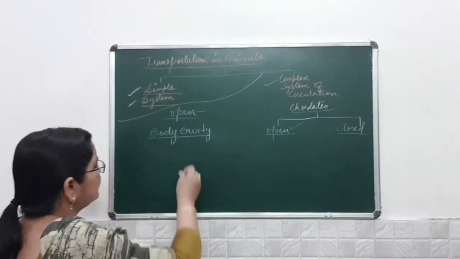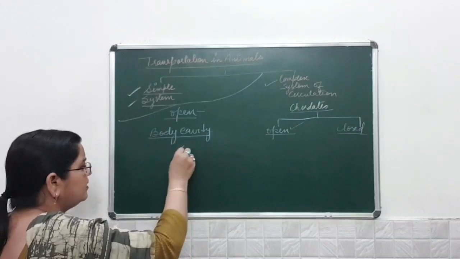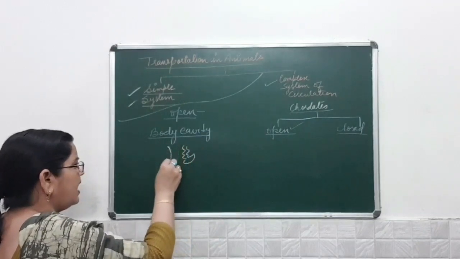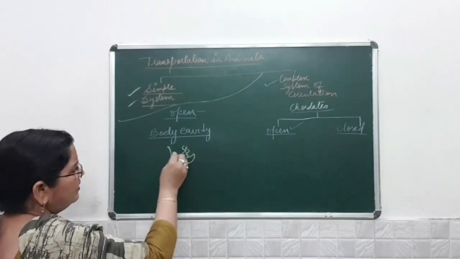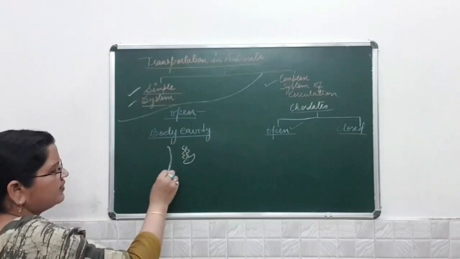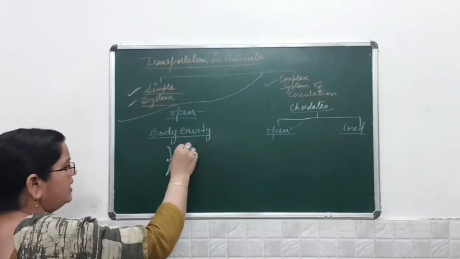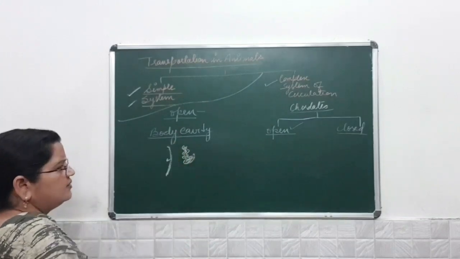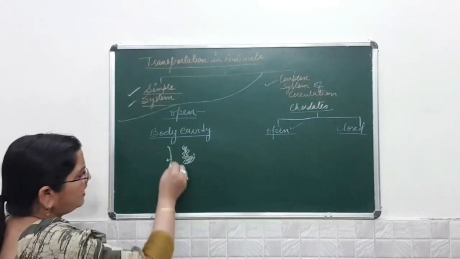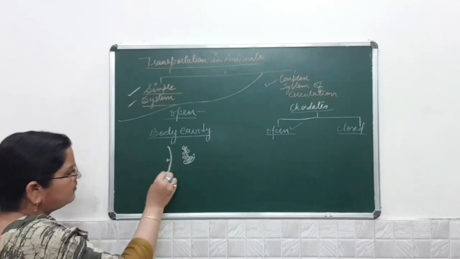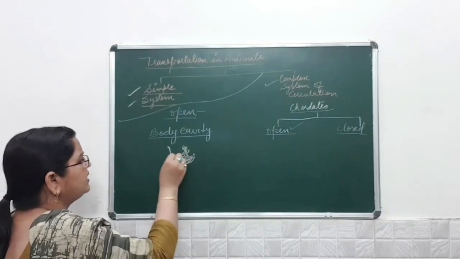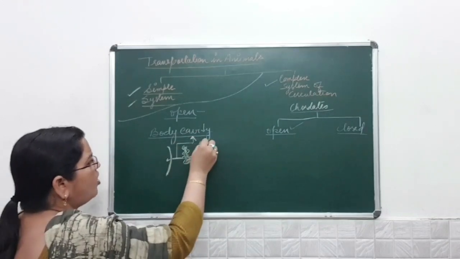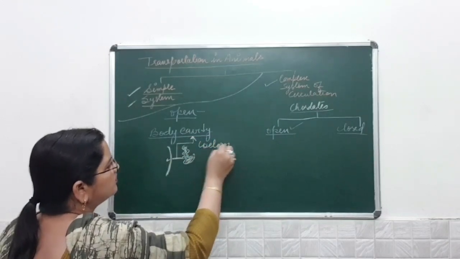Body cavity is the cavity between the alimentary canal and body surface, the space between the body surface and the internal gut wall. This cavity is known as body cavity or coelom.